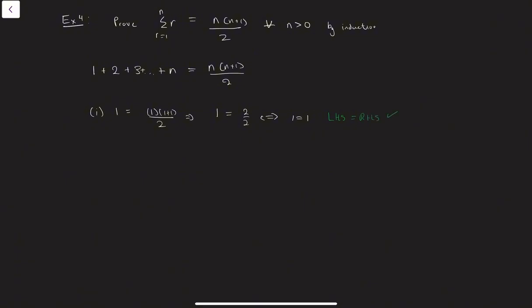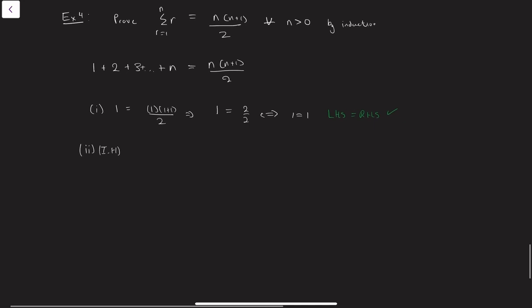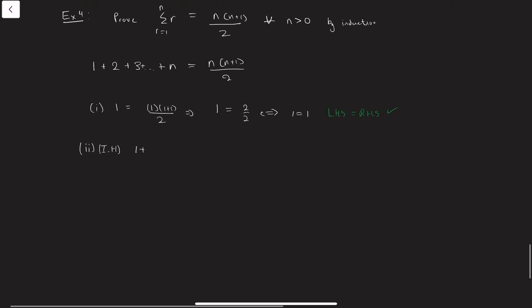Now we need to do our induction hypothesis, I.H. And we need to say that 1 + 2 + 3 + ... + k is equal to k(k+1) all over 2. Perfect.